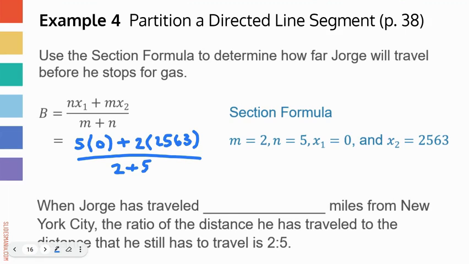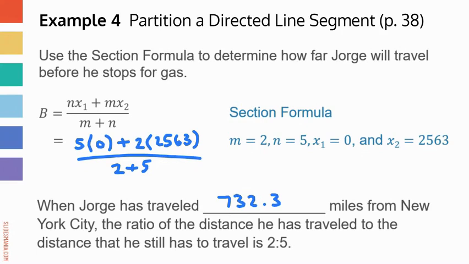Now again, you can throw this all into your calculator. This time I am using a calculator, and I am just going to put in the fraction button, then throw everything on top, then the stuff that's on the bottom, and press equals. When you do that, you should get 732.3 miles.